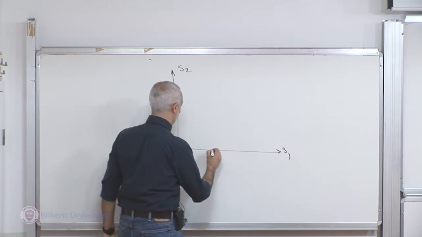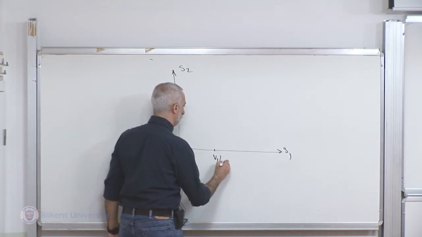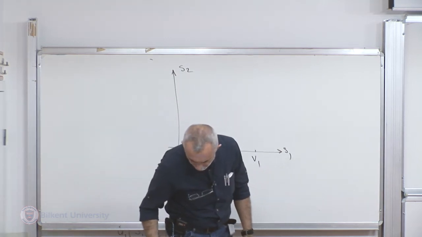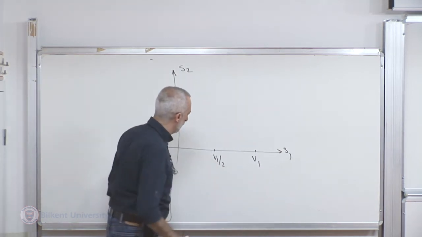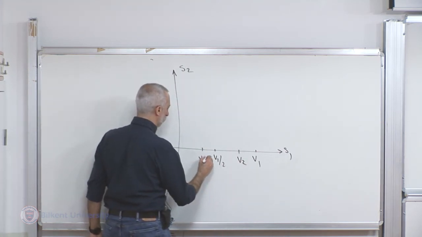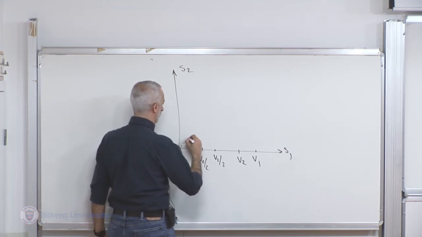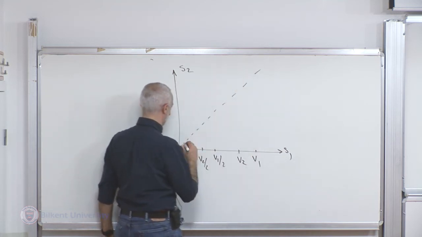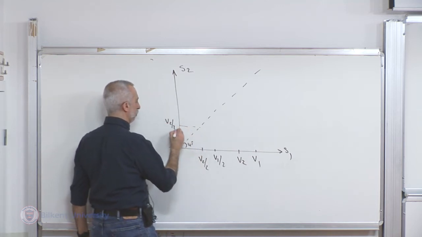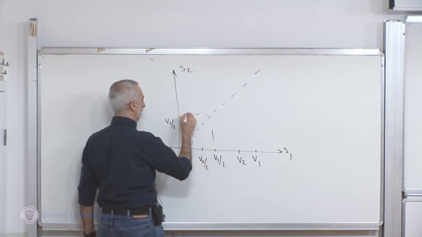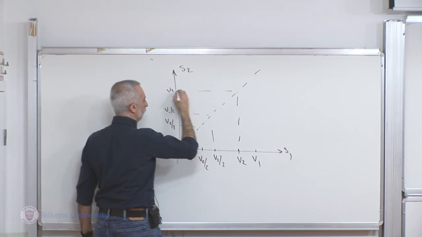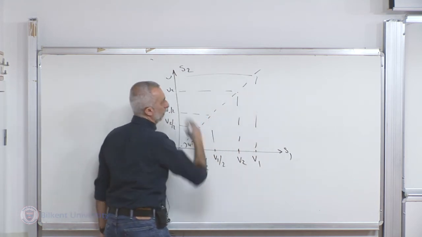So we have V1 over 2, V1, and then we were given V2 is less than V1, so V2 over 2. Let me draw the 45-degree line here. V2 over 2, V1 over 2, V2, V1.